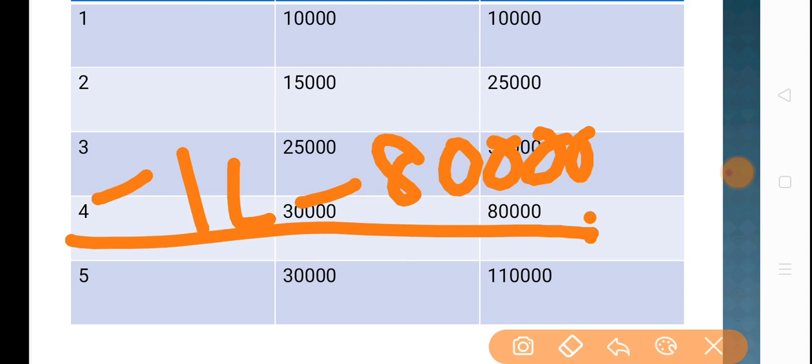So how much balance do we have to recover the full investment? Here the total investment is 1 lakh. 1 lakh minus the amount recovered in this year.